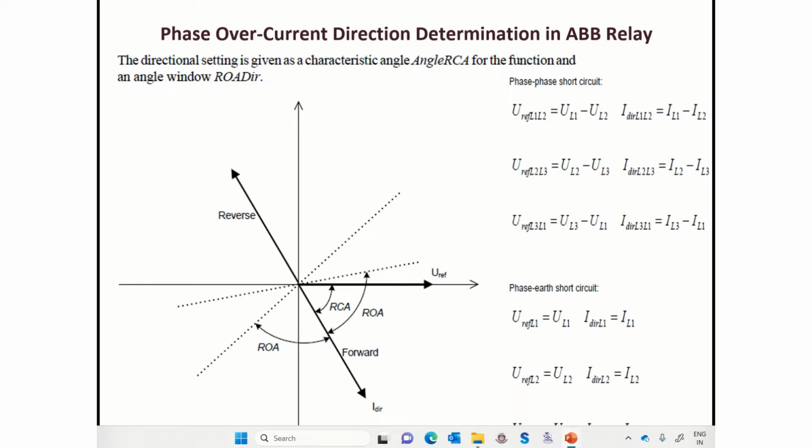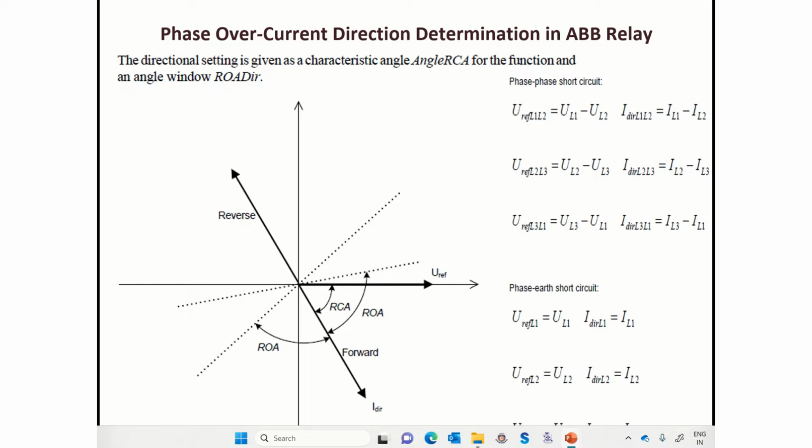One thing is called polarization quantities, because you cannot determine the direction of an AC quantity independently, because it will keep changing in every half cycle. For a 50 hertz system, it will keep changing every 10 milliseconds. So in order to determine whether the current is in the positive direction or in the negative direction, you need one reference phasor, and that reference phasor is called polarization voltage or polarization quantities.